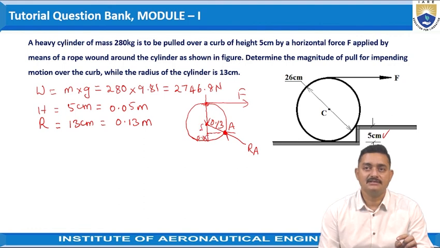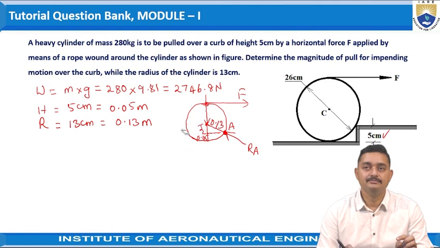So, this distance that can be obtained will be 0.13 minus 0.05. So, the value can be obtained as 0.08.